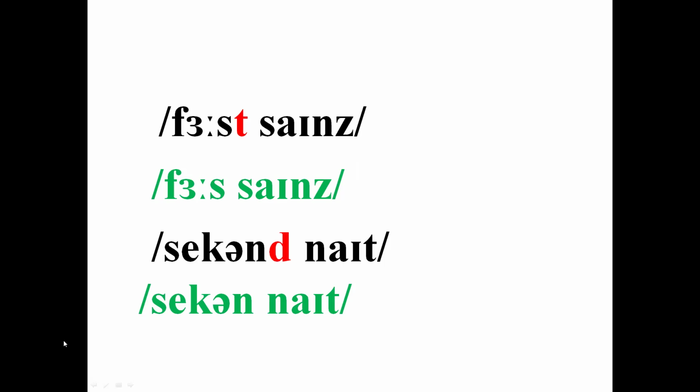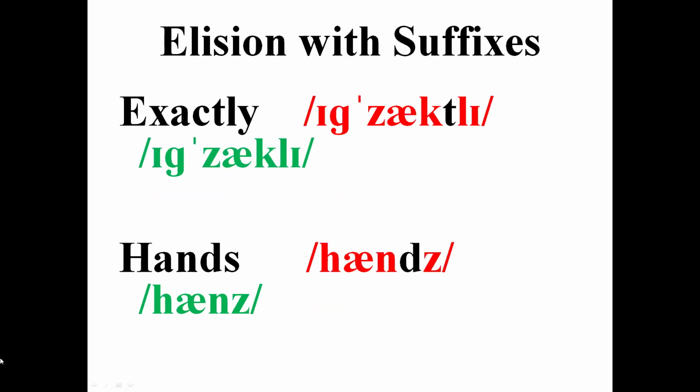Now let's talk about certain other examples. The heading is elision with suffixes. In these two examples, the words exactly and hands, you will see that these are words made with the help of suffixes. These examples explain that elision does not happen only in sentences or connected speech.